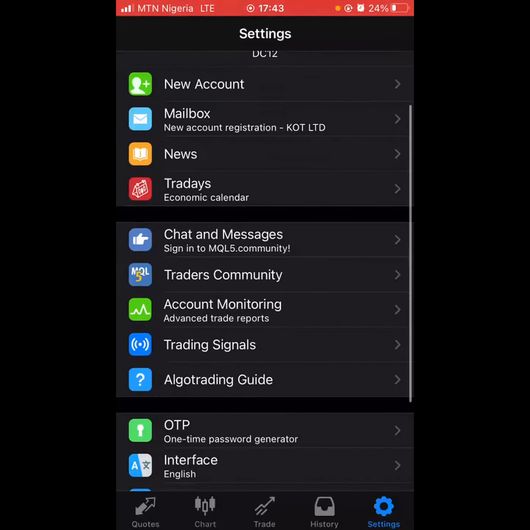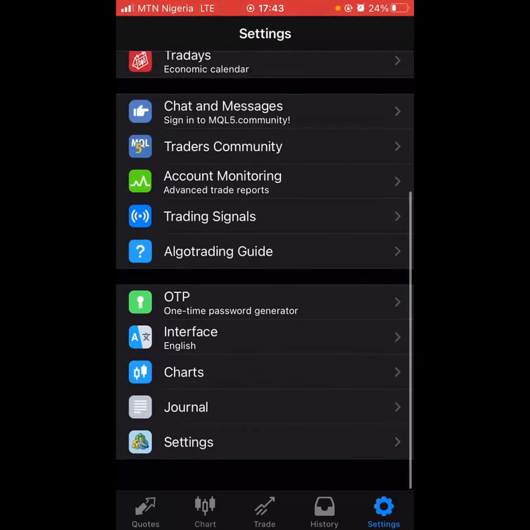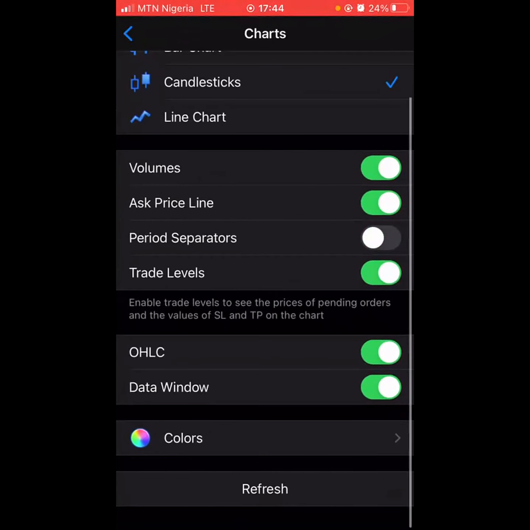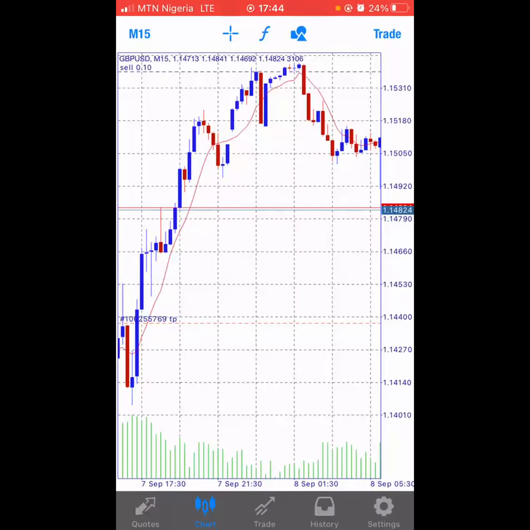Click on that settings. Let me see, scroll down. Click on chart. Click on the charts there. Okay. Period separators off. Let me see which other one. Volumes, no, leave those ones. I think it's either data window. Let's go back. Let's see how it looks now. Save this after you've done it. Then click on the candlesticks at the bottom.